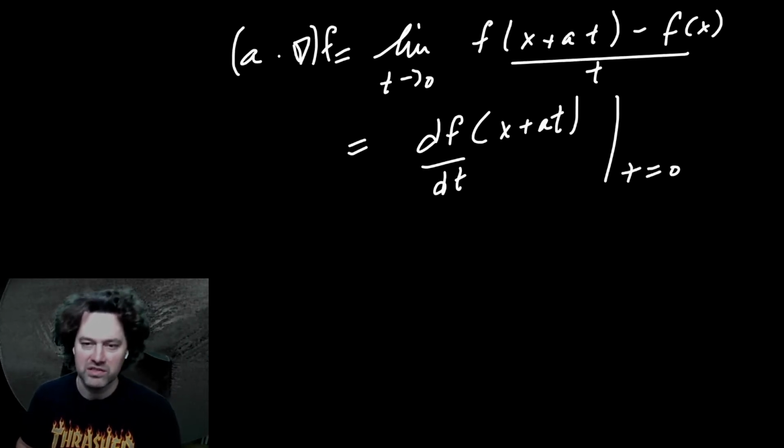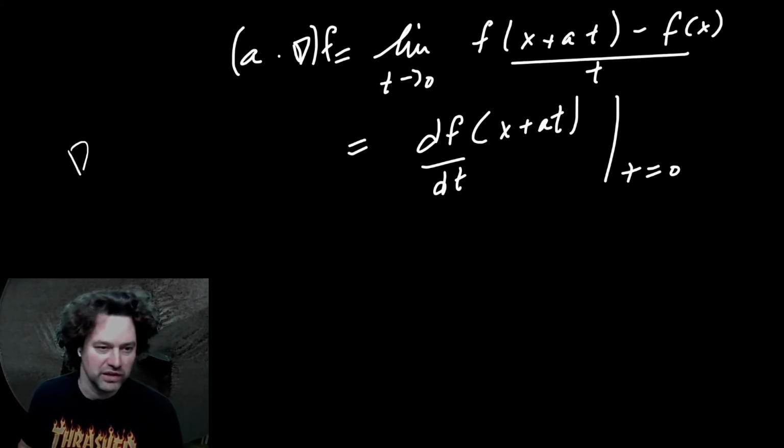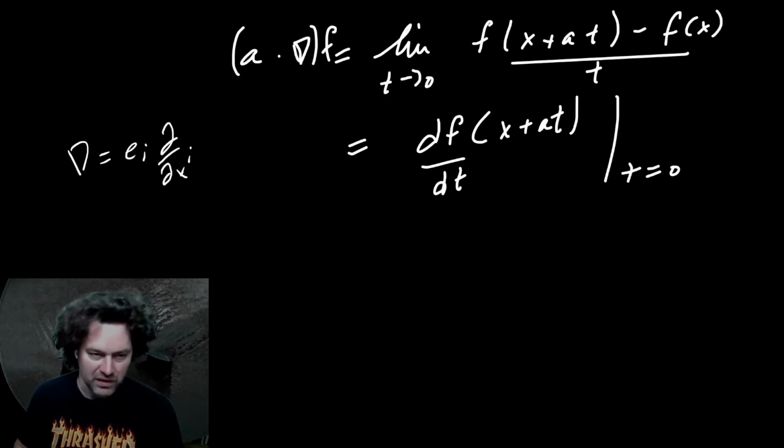This is an implicit definition of the gradient and gives us the required structure of the gradient, especially for non-Euclidean vector spaces, where we're used to defining the gradient in Euclidean vector spaces as the sum of ei d dxi. We'll see that we need to tweak that slightly for non-Euclidean spaces and for curvilinear coordinates.